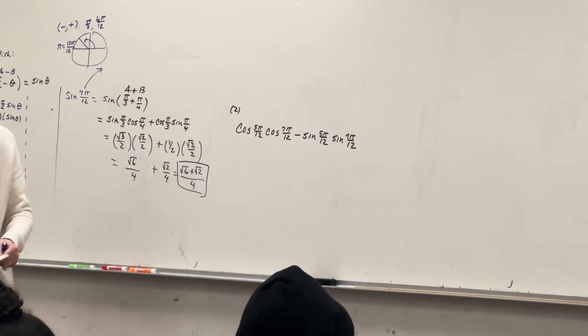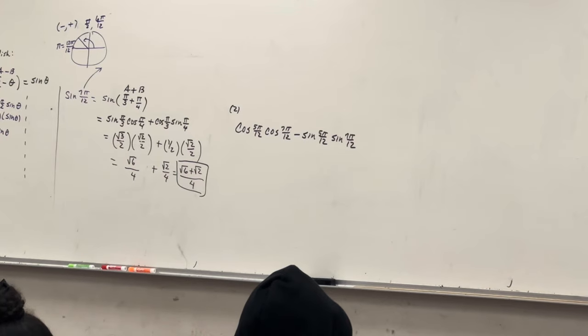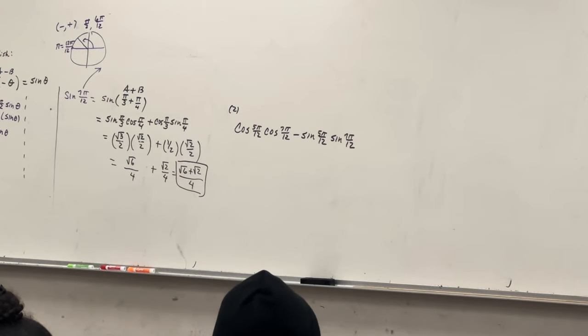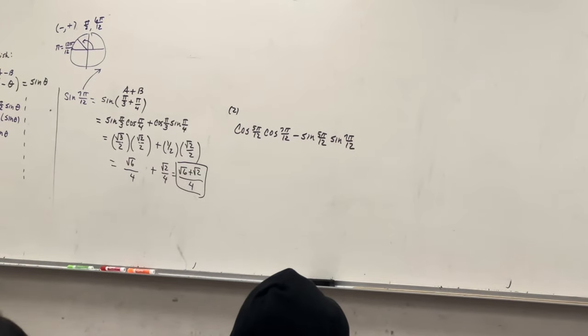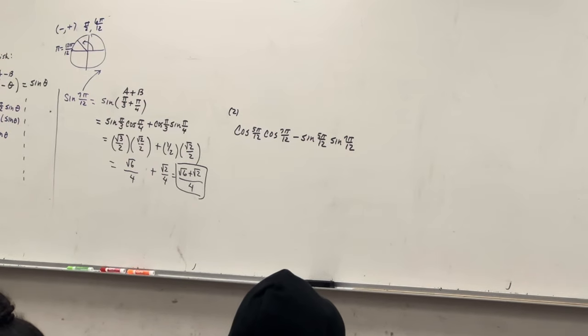Now, does anyone think they know what's going on here? Before we close this down pretty soon. And you know, 5 pi over 12, 7 pi over 12 are not on the unit circle. But yet, you see us staring at you on the final exam, no calculator, and then I want an answer. What is it? What are you doing? Looking around formulas. Is it one of the formulas?